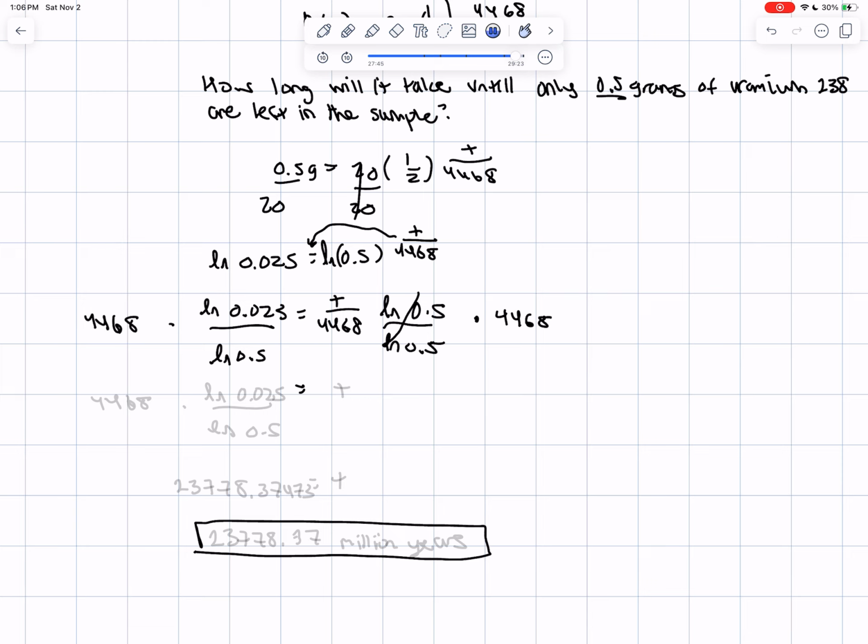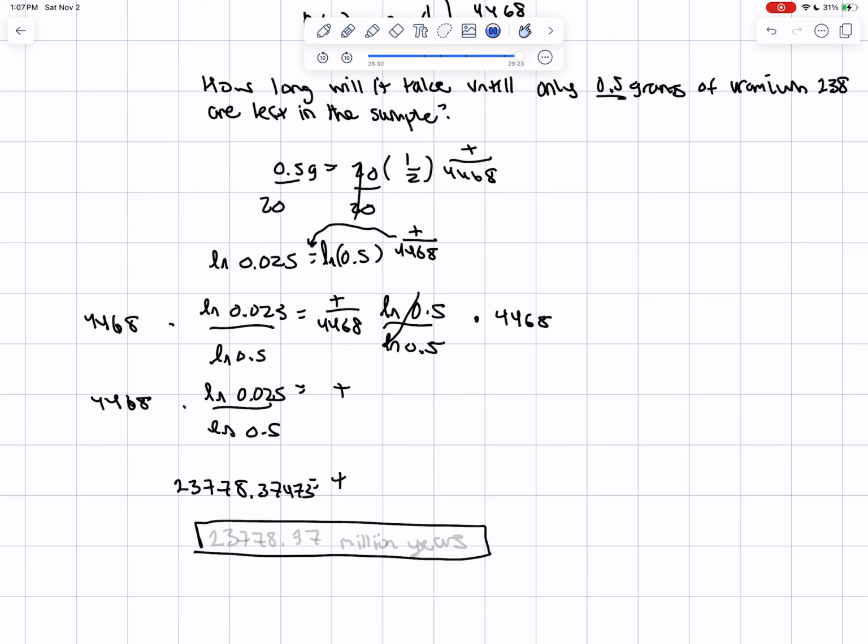So I know I'm doing two steps at once. T. So now we can solve. So the ln of 0.025 divided by ln of 0.5 times 4,468. So I'm getting 23,778.37473.